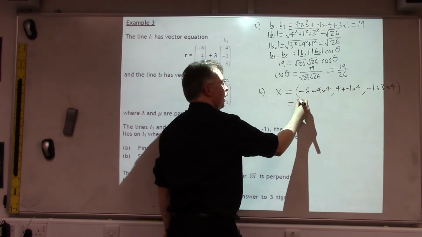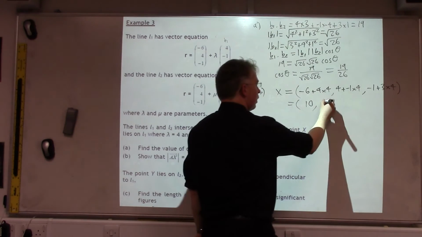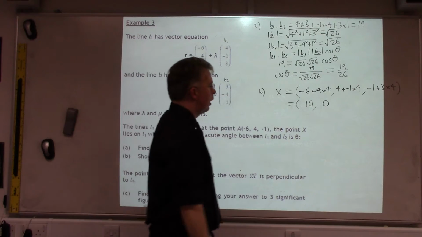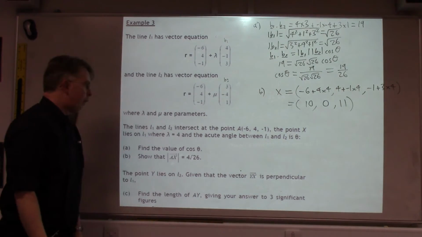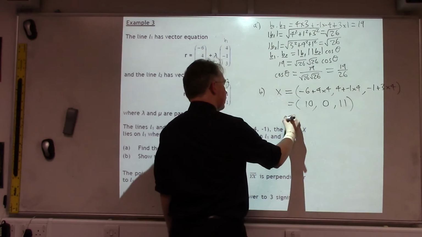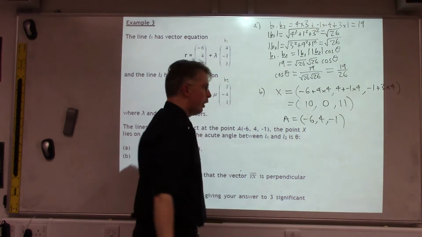So calculating, 10, 0, and 11. We want the vector going from A to X. So A was minus 6, 4, minus 1.